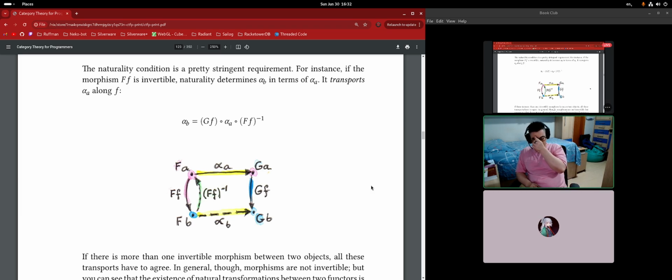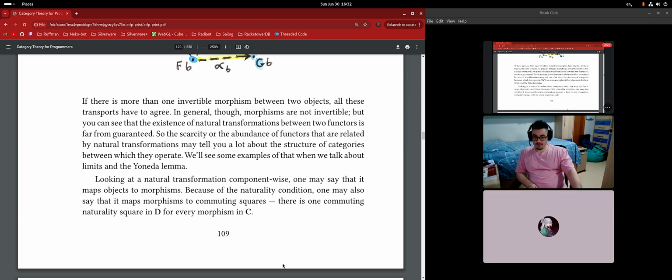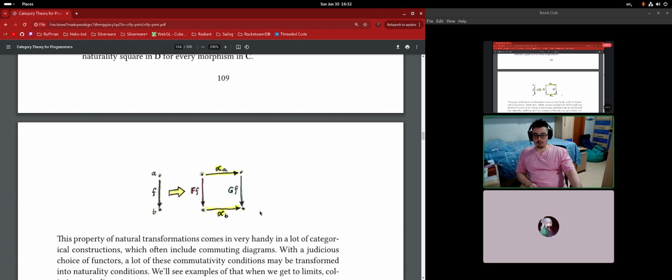It maps objects to morphisms because you're mapping A to this morphism, component alpha at A, right? Yeah, I see. One may also say that it maps morphisms to commuting squares. The squares commute because you can choose either path and you reach the same destination, and it's a square because, well, it's a square.